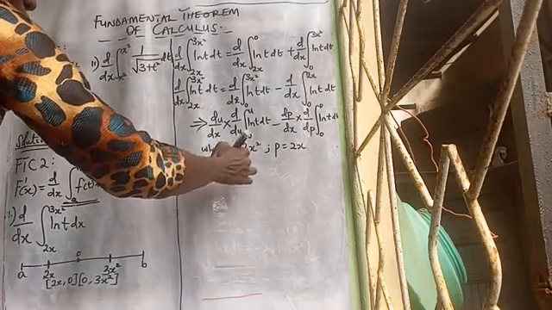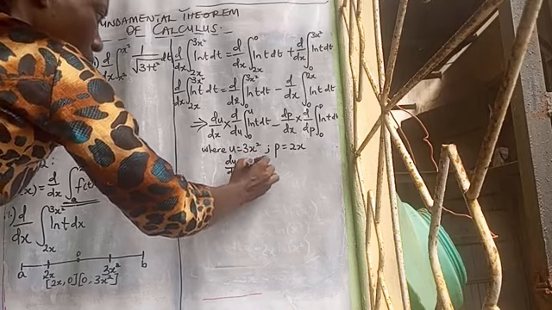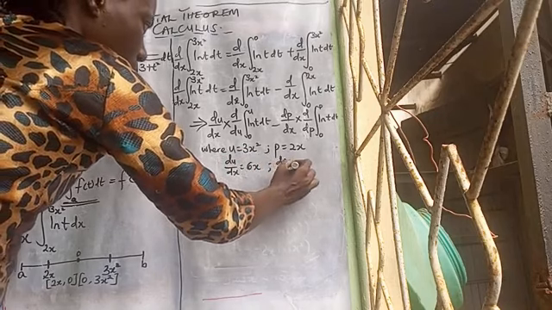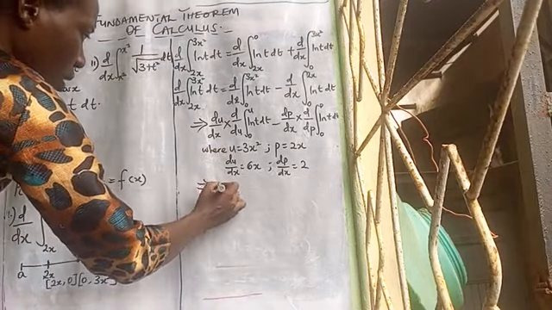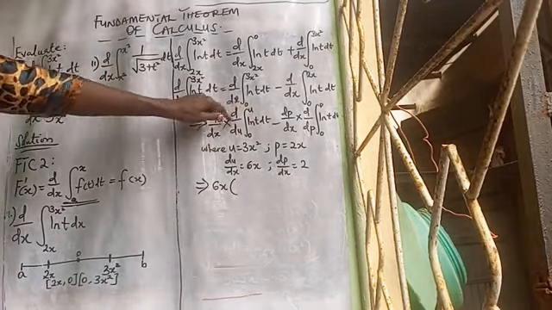If u is 3x squared, du/dx is what? 6x. And dp/dx is what? 2. So this gives me 6x times this.